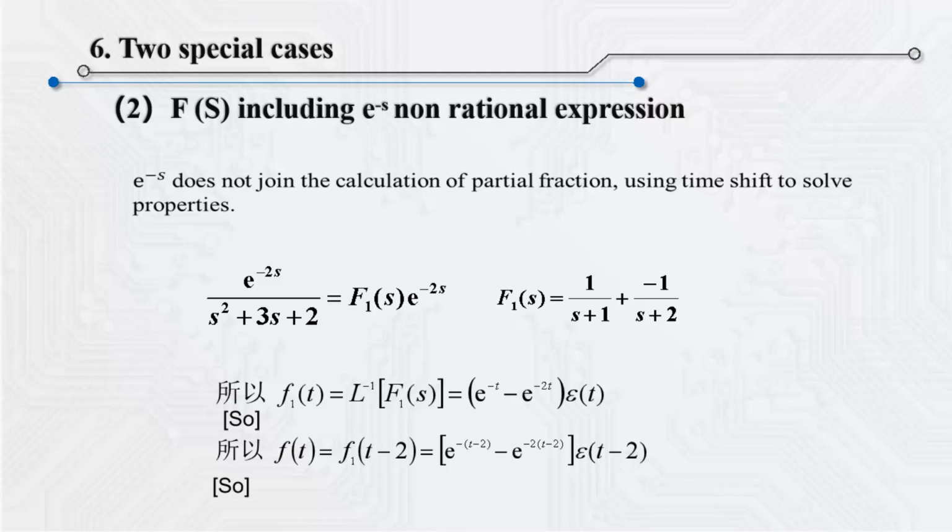We can then solve this example. So f(t) is equal to (e to the power of negative (t minus 2) minus e to the power of negative 2(t minus 2)) times epsilon(t minus 2). This is the solution including e to the power of negative s.